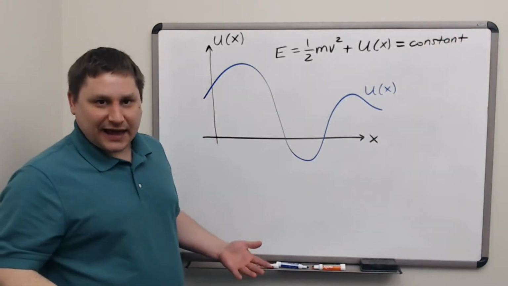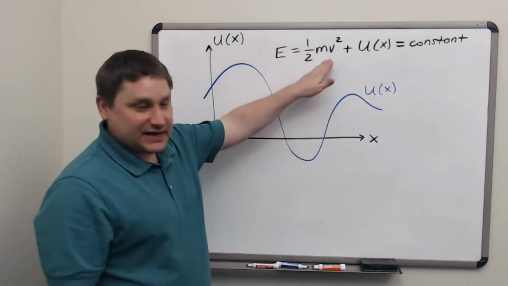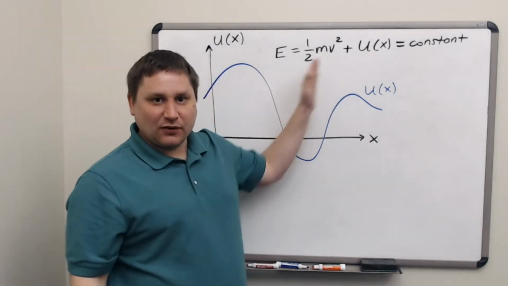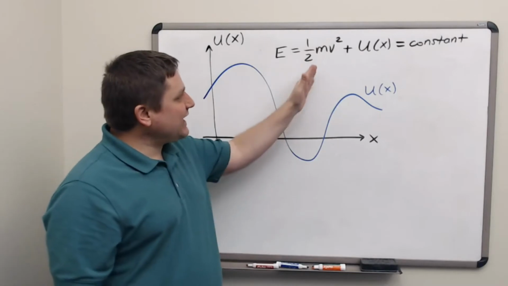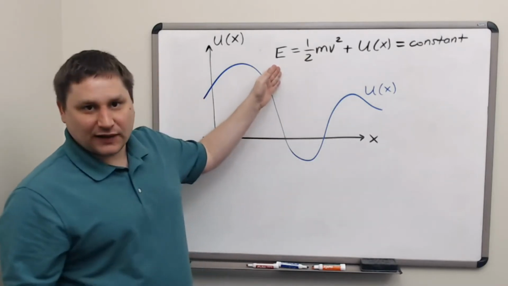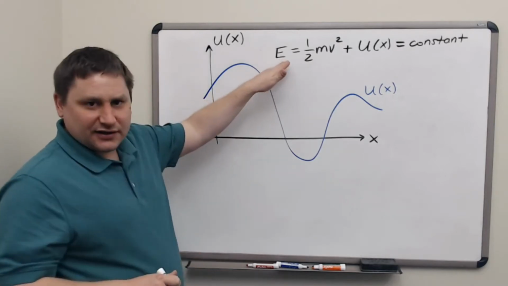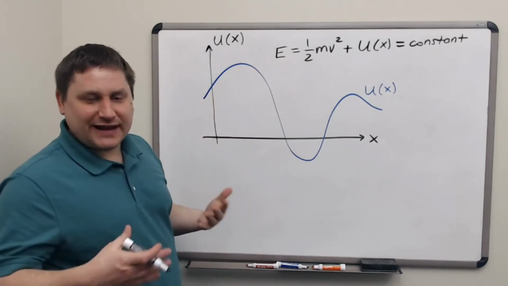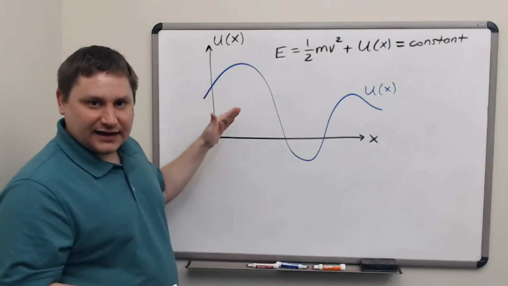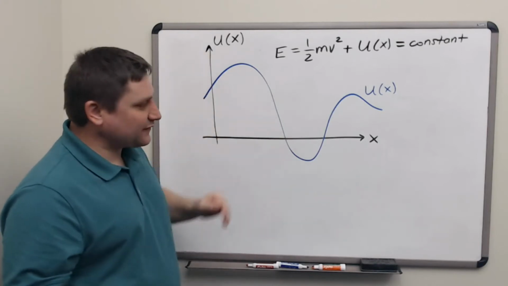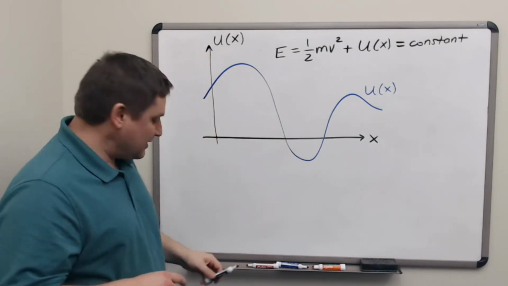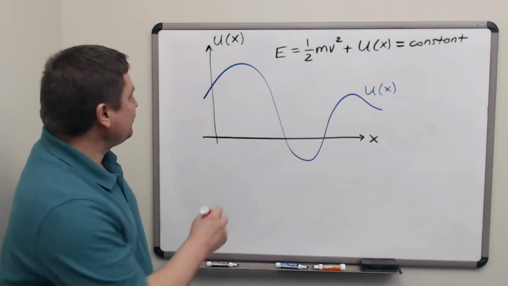We understand then that v, the speed, and x, the position, can both change, but they must change together in a way that keeps the total energy constant. This equation lends itself to interpreting the energy as a horizontal line on this potential energy versus position curve. Let me show you why that is.